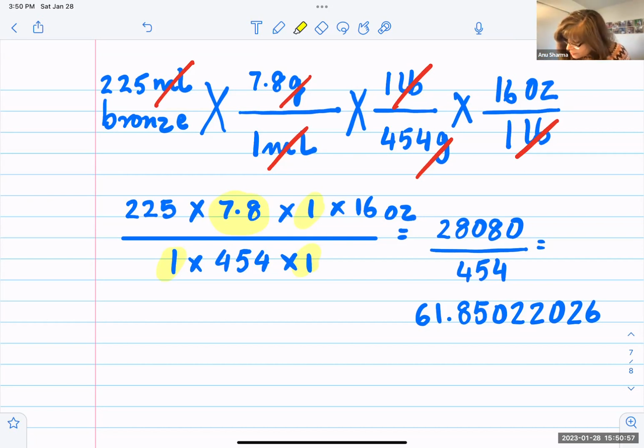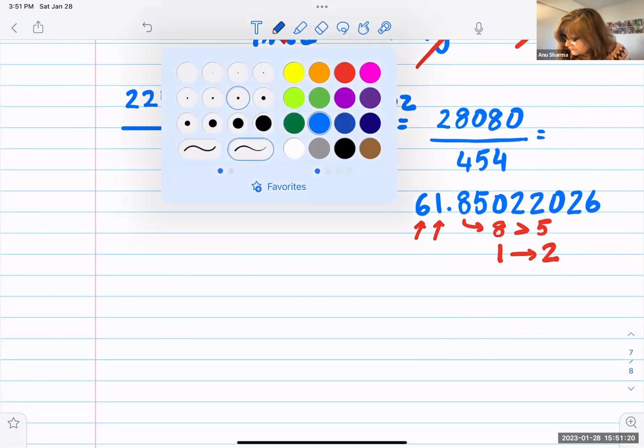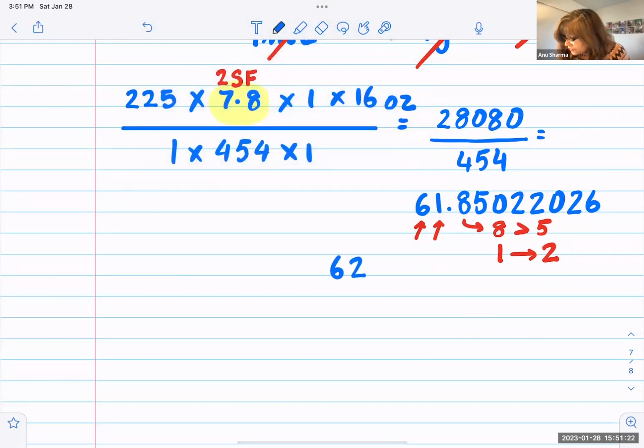I'm going to just take these away and focus on the decimal one. Here, according to this, we need 2 significant figures in the answer. So we need to keep this, but we need to drop off 8. But 8 is more than 5, so 1 becomes 2. So now your answer is 62 ounces. That's the answer.